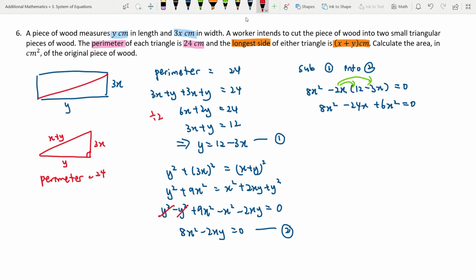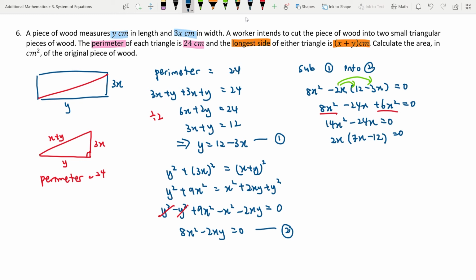We simplify the equation. 8x square plus 6x square, we get 14x square minus 24x is equal to 0. We factorize 2x outside. 2x bracket 7x minus 12 is equal to 0.